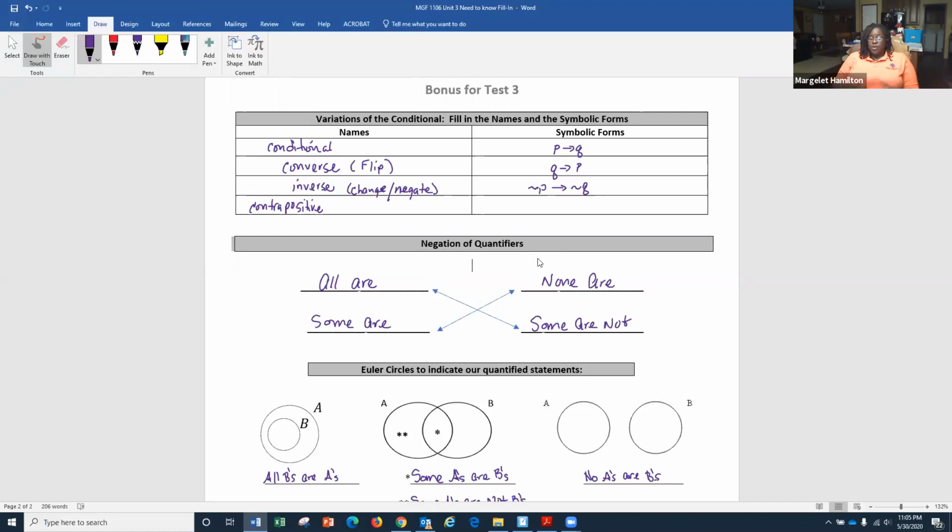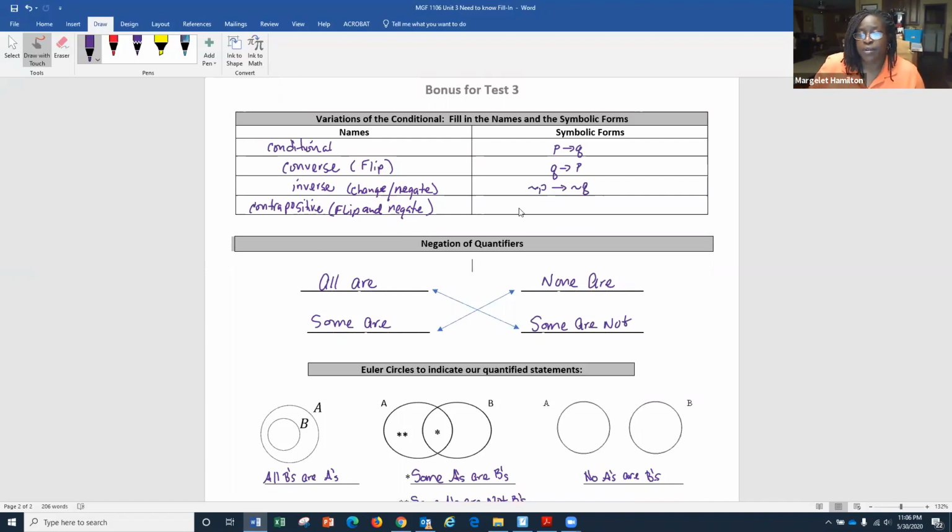So your contrapositive is nothing but the flipping of your inverse statement. That's all we're going to do. So for your contrapositive, you're going to flip and negate.